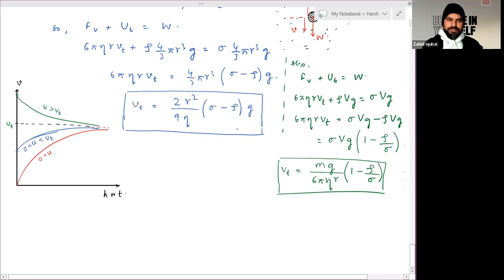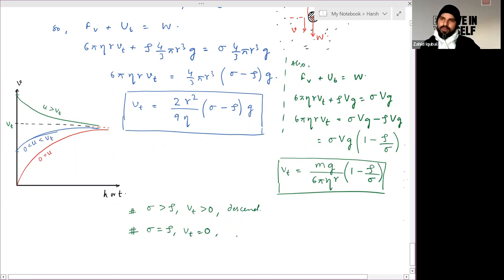Now, according to this expression, if sigma is greater than rho, terminal velocity will become positive. It means the body will descend in this particular viscous medium. Second, if sigma equals rho, then terminal velocity becomes 0. It means the object will no longer descend or ascend.